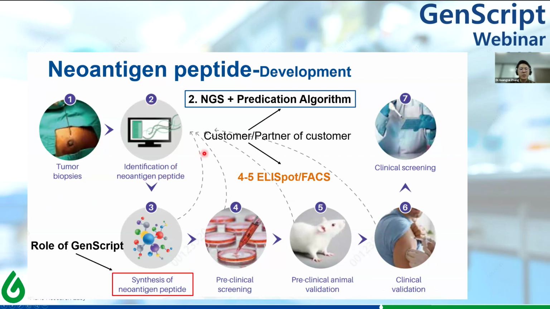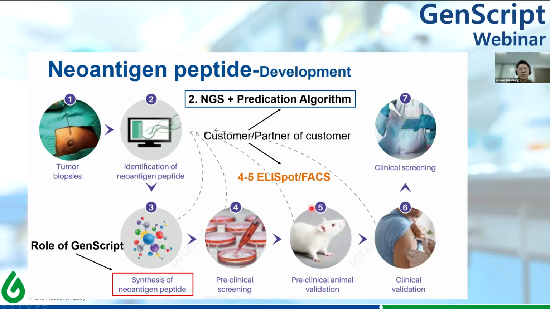In this stage, our customer or partner of the customer will do NGS to predict the neoantigen peptides, and after that, they will give us the whole sequences for the neoantigen peptides, like 100 or 1,000 neoantigen peptides, and we will synthesize them and give them back to our customer. They will do the export of FACS to identify the target one to target the tumor they want to cure.